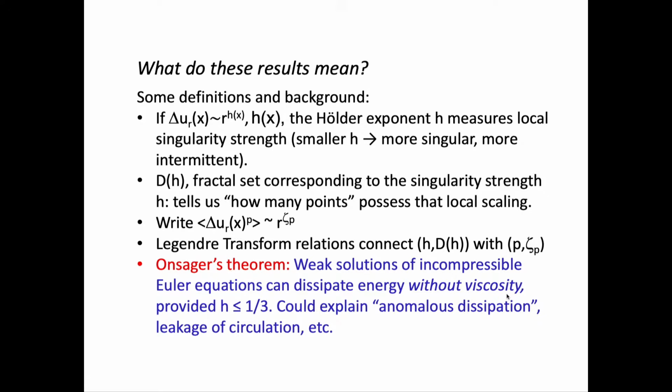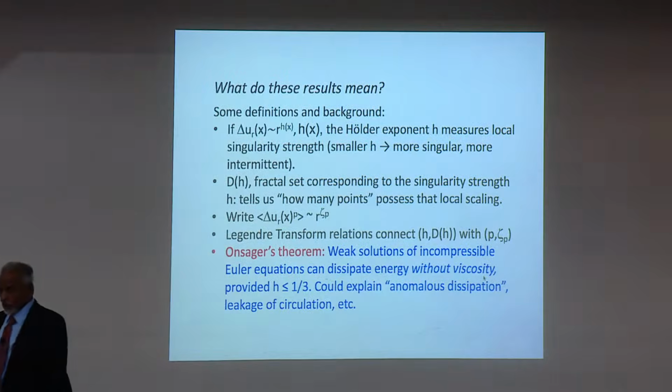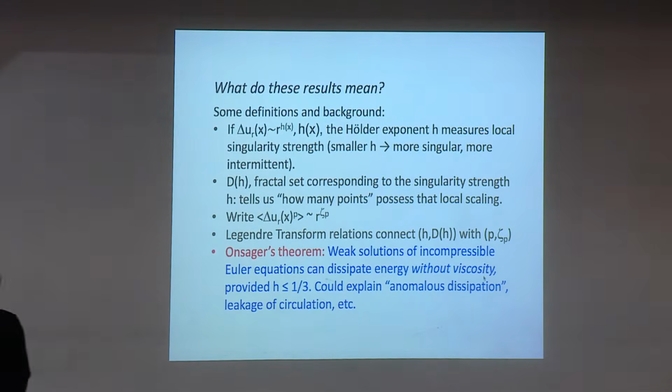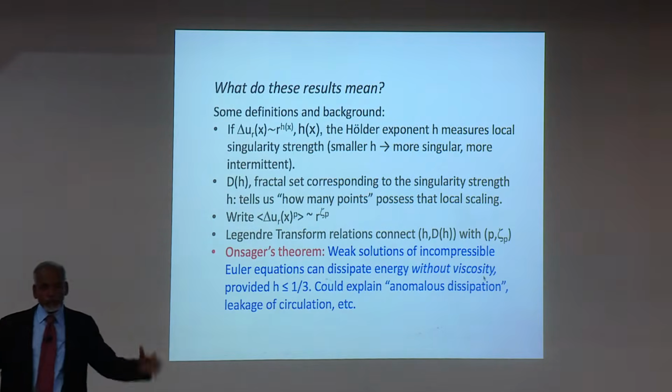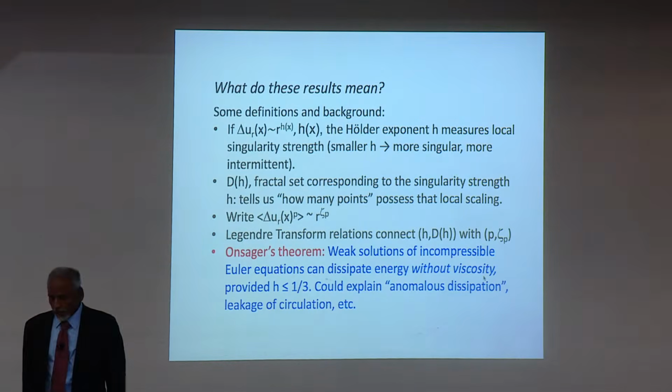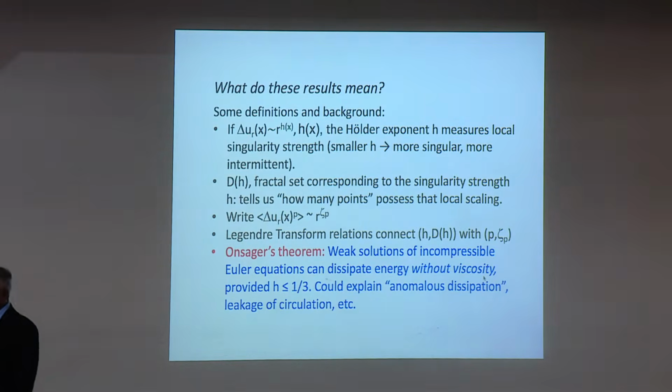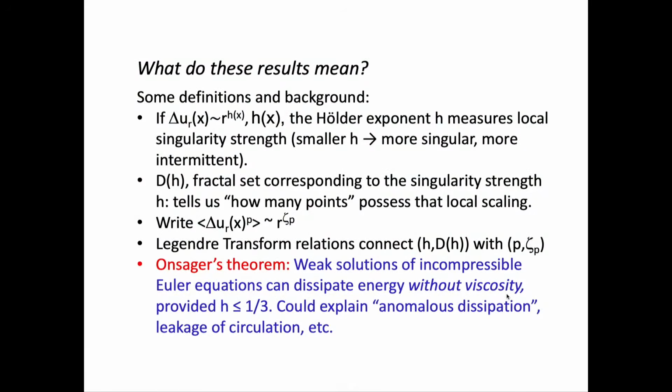Now, the crux of the thing is that Onsager's theorem says that weak solutions of incompressible Euler equations can dissipate energy without viscosity, provided h is less than or equal to 1/3. So let's see what this means. What this means is that we have always been taught in school, I mean in college, in fluid dynamics, let's say turbulence course, that as the viscosity goes to 0, the energy dissipation remains constant, independent of viscosity, as long as the viscosity is small.